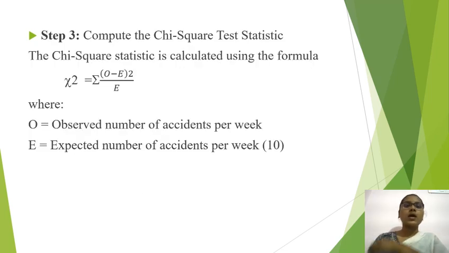Compute the chi-square test statistic. The chi-square statistic is calculated using the formula chi-square equal to sigma of (O minus E) whole square divided by E, where O equal to observed number of accidents per week, E equal to expected number of accidents per week, that is 10 as computed.